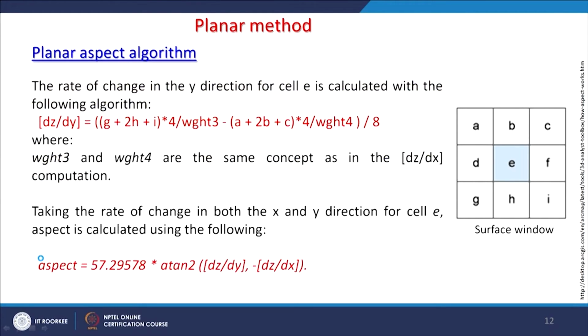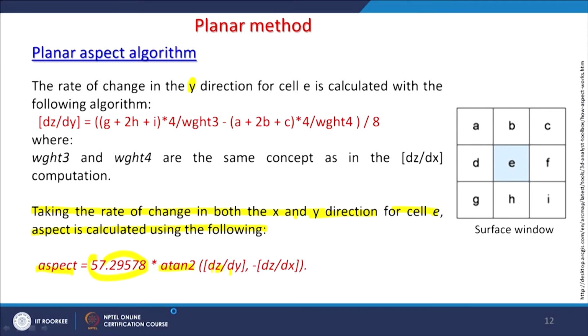Further, for the rate of change in the y direction, similar things you would do. Then taking the rate of change in both directions x and y for each cell, the aspect is calculated using the following formula, which is aspect equal to a constant times atan2 of dz/dy minus dz/dx.